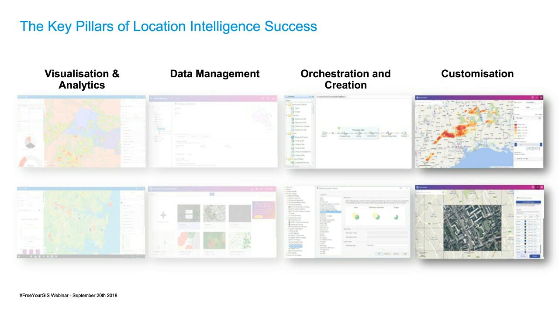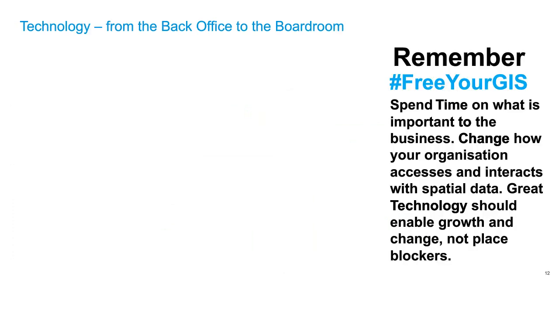So I'm coming on to my last slide before I hand over to Jan, but there's a couple of things that I really want to cover. To successfully provide GIS for everyone, from the back office to the boardroom, for me, it's about 3 basic things. It's about freeing your time to work on important tasks. That's really, really critical.